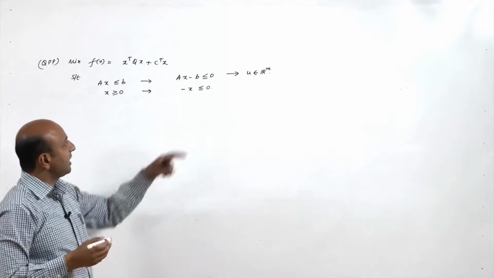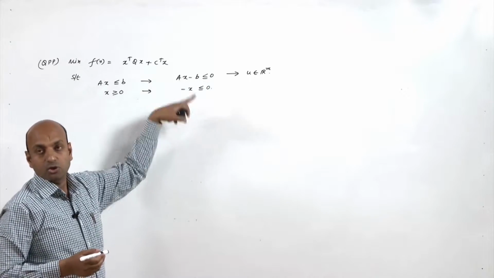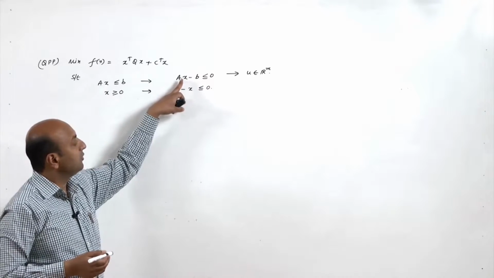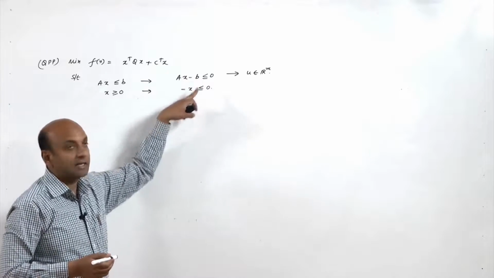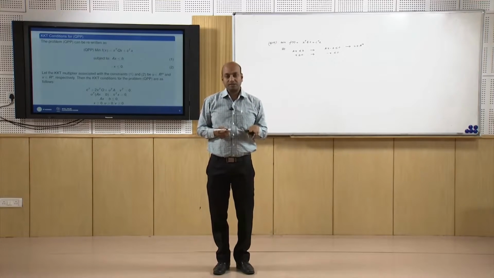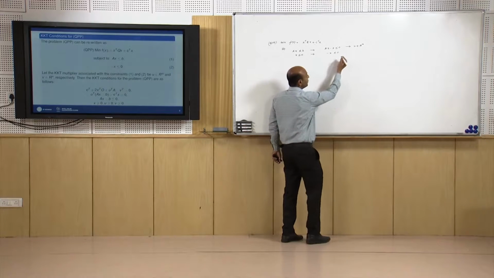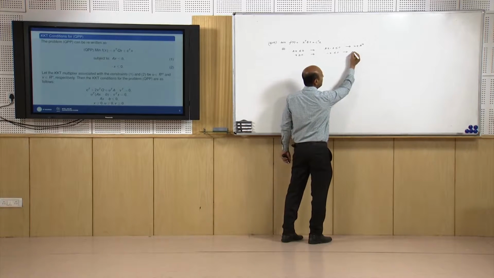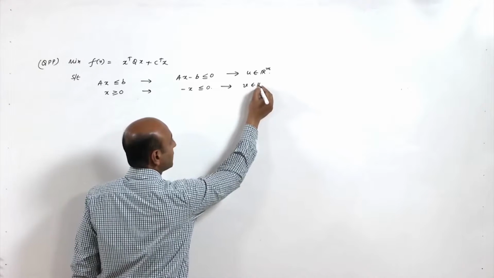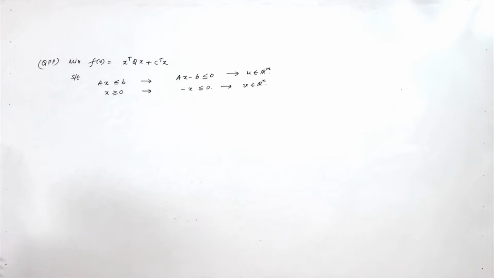How many constraints are we having for this system? M constraints. So we need m number of KKT multipliers for the Ax minus b less than or equal to 0 constraints. Now, how many constraints are we having here? N. So we need n number of KKT multipliers for these constraints.